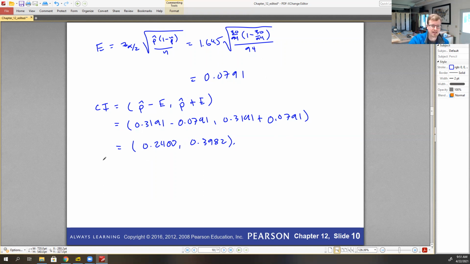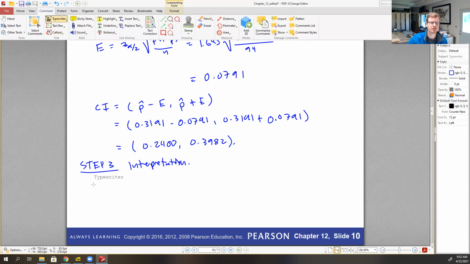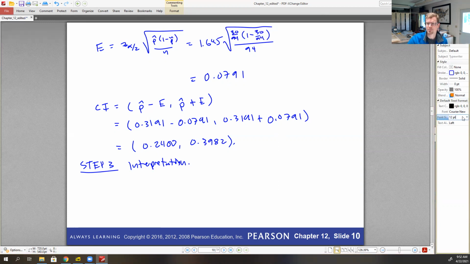All right, but that gives us our confidence interval, so we can move on to step 3 here, which is our interpretation. So for the interpretation, it should look very similar to what we had presented back in chapter 8 when we were looking at confidence intervals there.